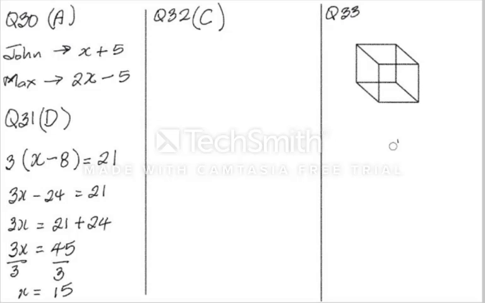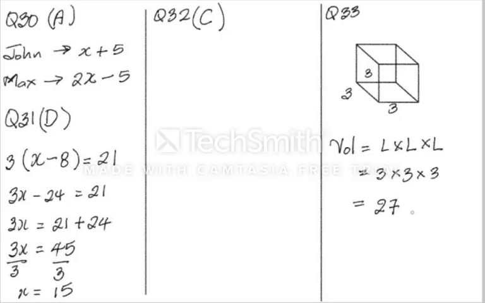So in this question, we're told that there's a cube and we're asked to find the volume. The length of each side is 3 centimeters. So this is 3, this is 3, the height is 3. Now, the volume of a cube is equal to length times length times length, which is 3 times 3 times 3. So the answer here is just simply 27 centimeters cube. So the answer there is C.